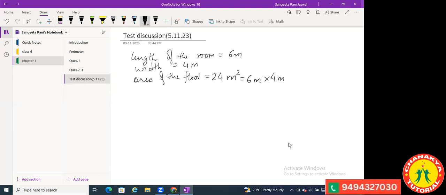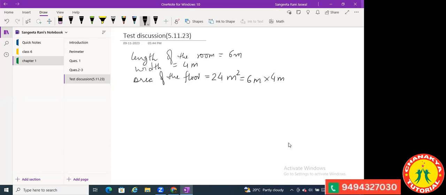And when I'm multiplying meter into meter, I'm getting meter square. Are you getting? Yes, ma'am. So you have to be careful about this. It's only when we multiply 2 units, we get square. But when we are adding 2 units, we don't get square. Like in perimeter, when we add 2 units, we don't get square. We just write unit.